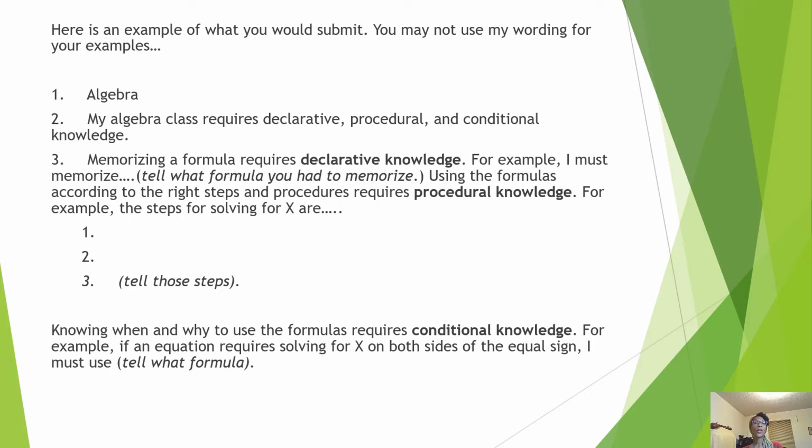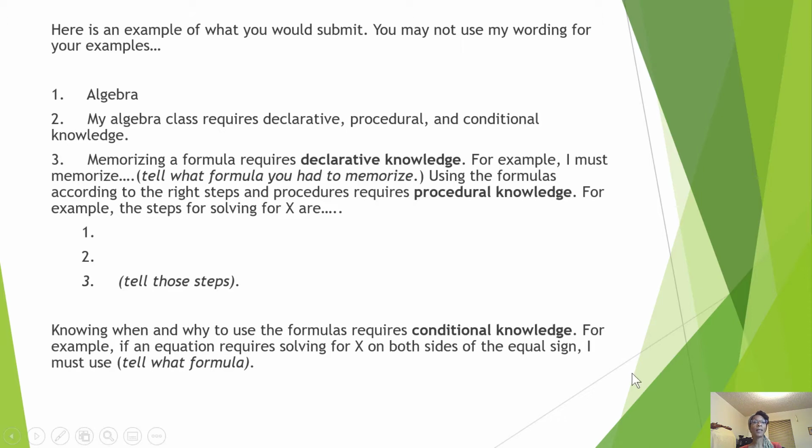You're going to do a total of 2 courses this way. Okay, so definitely this course because you're taking it now, but then also choose one, as I said earlier, that you have recently taken. And so you'll have a total of 2 courses that you've examined. Do not forget your examples. So it won't be just enough to say, the course I'm taking this semester requires declarative knowledge, and that's it.